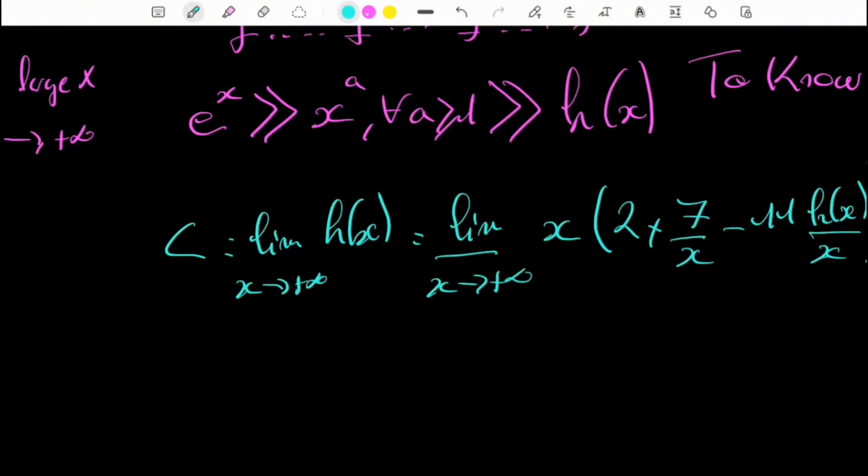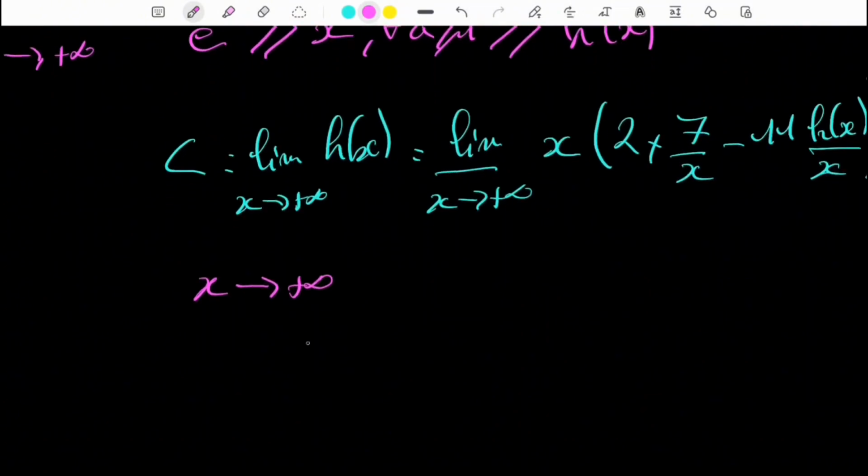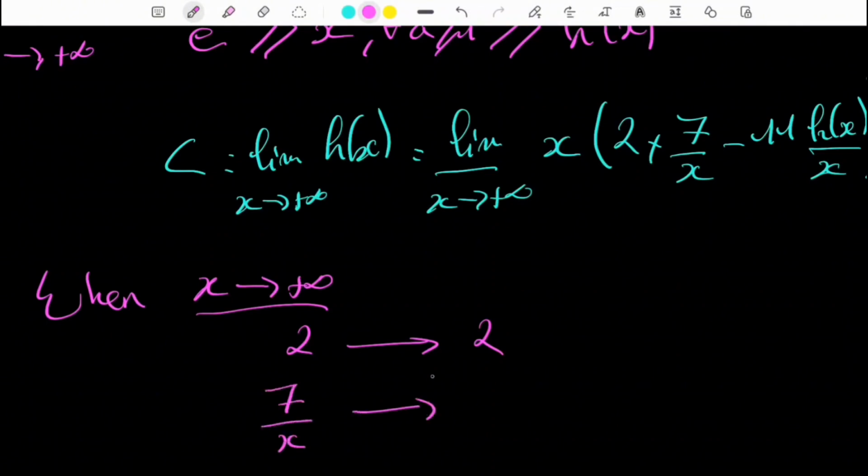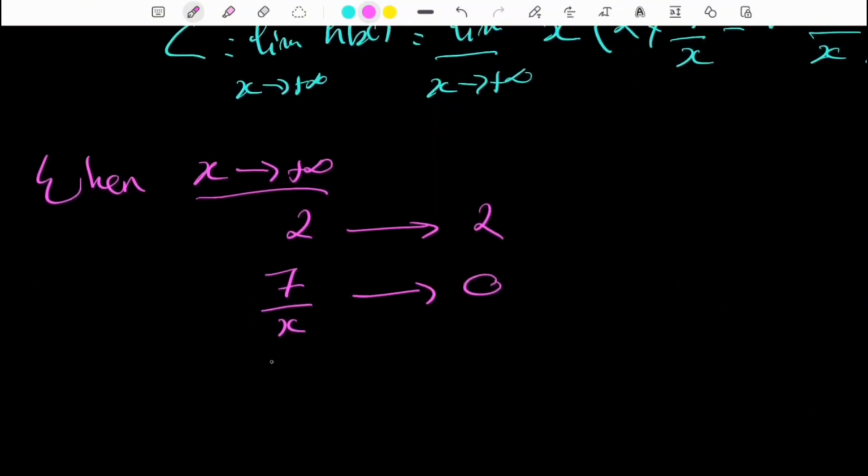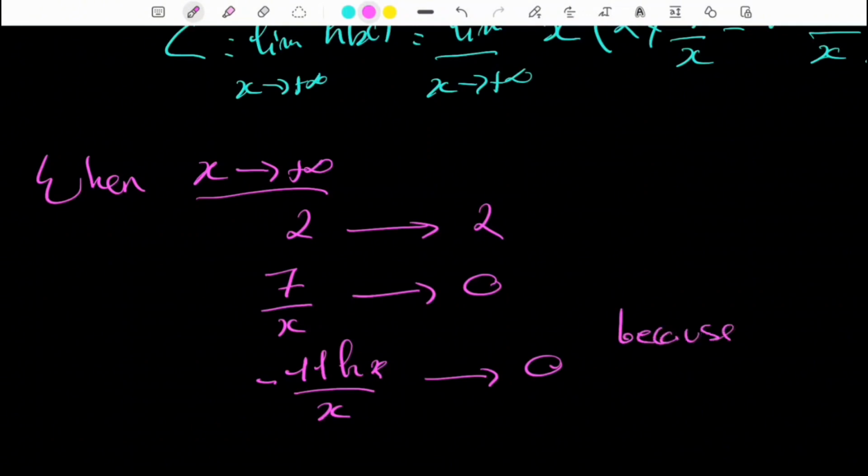Okay, so when x tends to plus infinity, the 2 tends to 2, 7 over x will tend to 0, easy, and minus 11 ln of x over x will tend to 0 because of the compared growth.